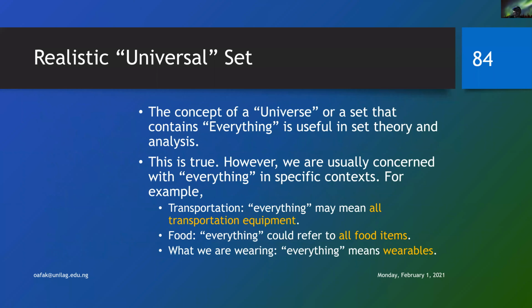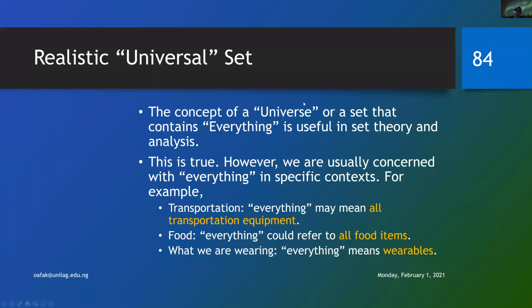We might be talking of motor cars, boats, planes, and so on. If our context is transportation, we are only talking of transportation modes and equipment. If our context is food, everything will mean food items. If we are talking of what we are wearing, everything means wearables.